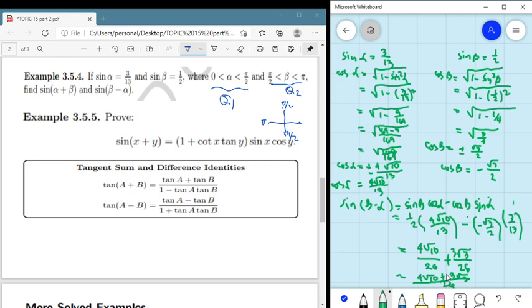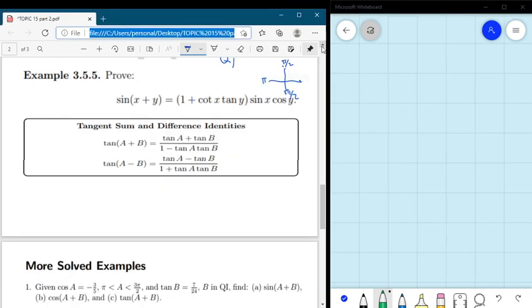Okay, that's the answer for example 3.5.4. Okay, let's proceed to example 3.5.5. We are to prove that sine of x plus y is equal to quantity 1 plus cotangent x tangent y times sine x cosine y.